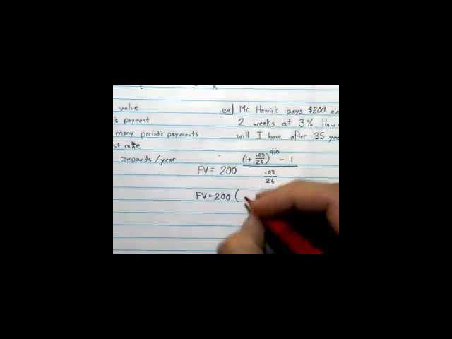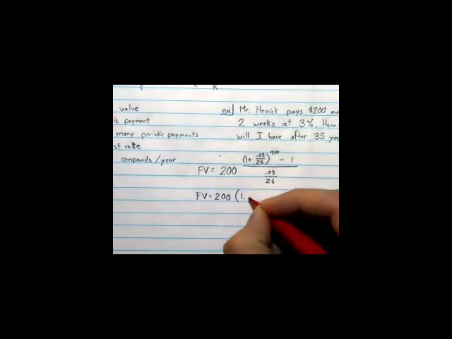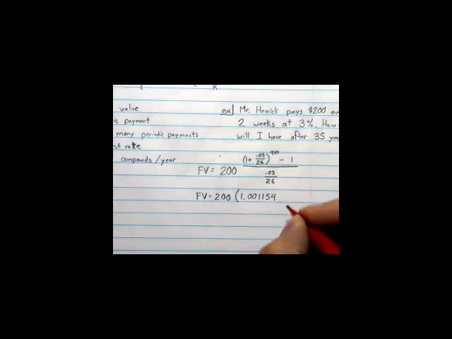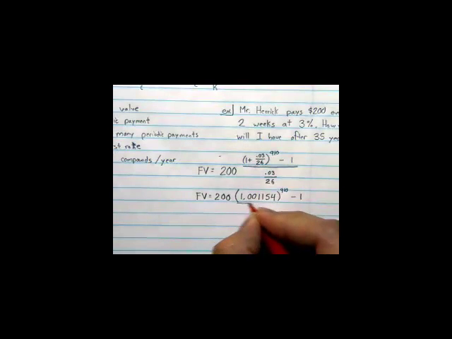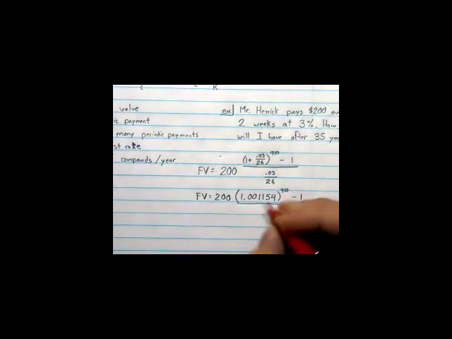I'm going to make sure I get lots of decimal places here again. So 1.001154. Let's say I'll keep 6 again. Raised to the 910 minus 1. And then this is all divided by 0.03 over 26, which is just 0.001154.